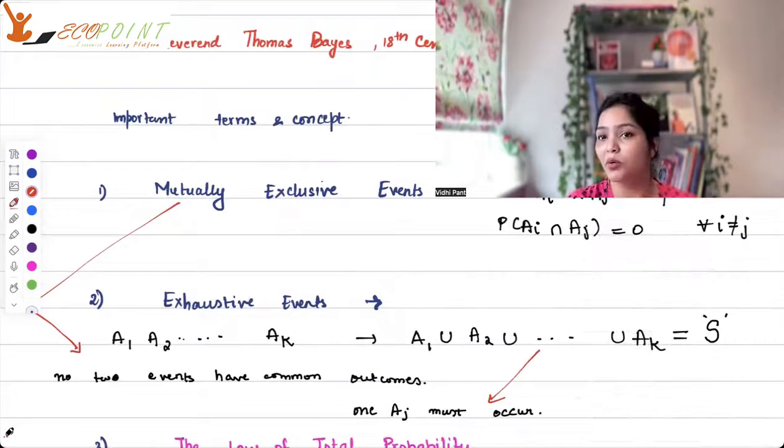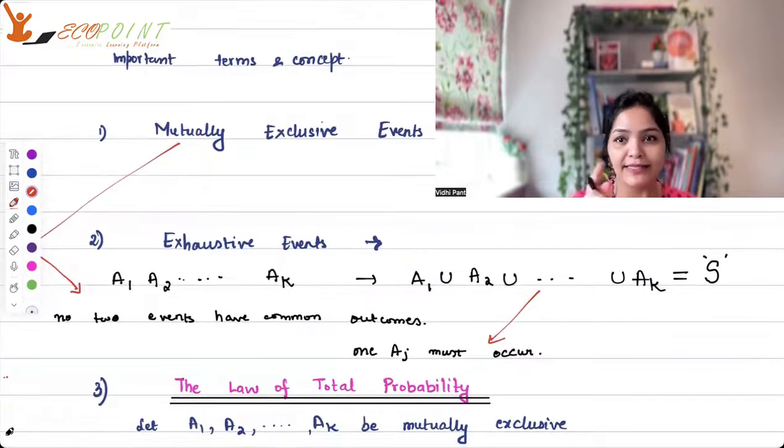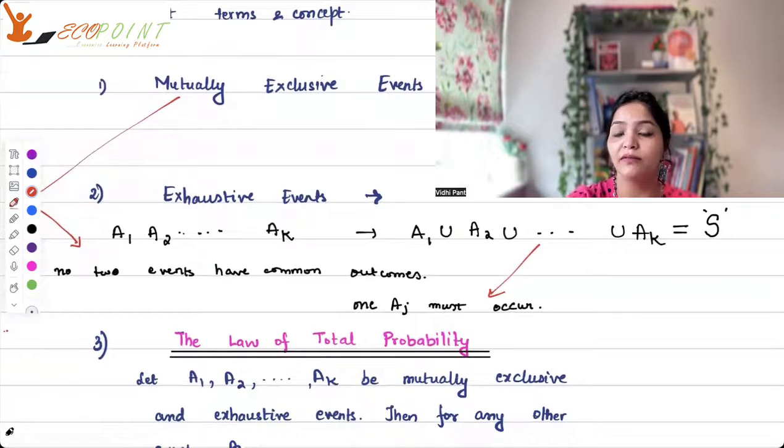Now, the third important concept here is the law of total probability, something that we have already applied in the previous lecture, but now formally. What is the law of total probability? Suppose you have events A1, A2, so on and so forth till AK, and they are mutually exclusive and exhaustive. So what does it mean?